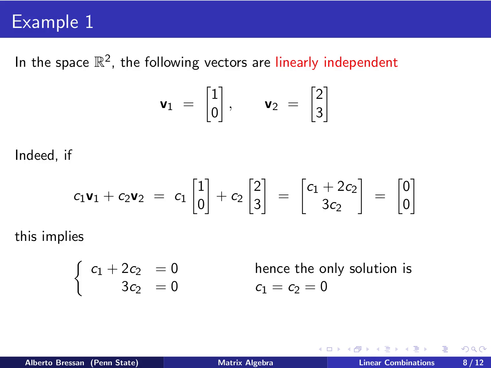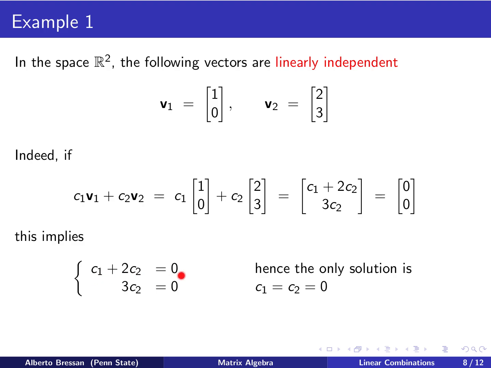And if we write it out and put the V1 and V2 in, and then add them up, you get this vector. And then we set this to be the 0 vector, and we try to find solutions for C1 and C2. And if we find that there is a unique solution, C1 equals C2 equals 0, then this is linearly independent. Okay, so let's do that.